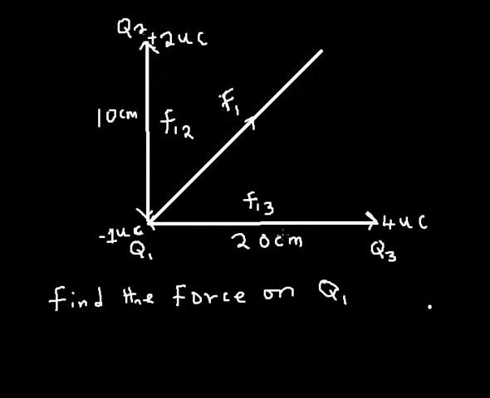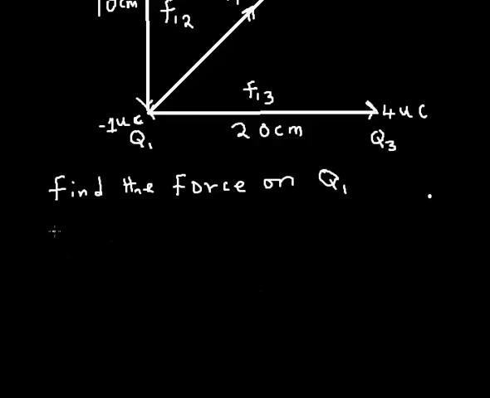That's what we do when two vectors are perpendicular to each other. And how do I get this resultant F1? Remember, we use Pythagoras' rule. So that means the resultant F1 is going to be equal to the square root of the horizontal force F13 squared, plus the vertical force F12 squared.